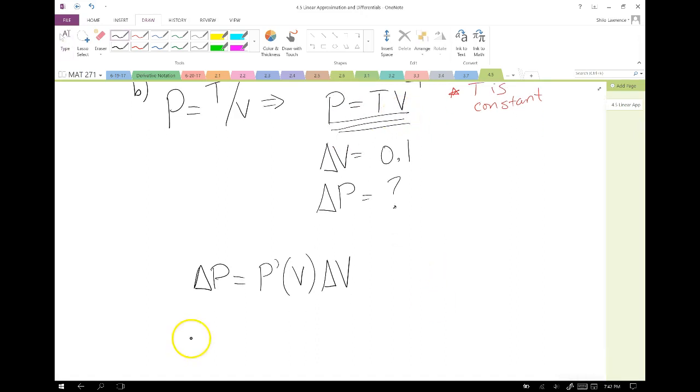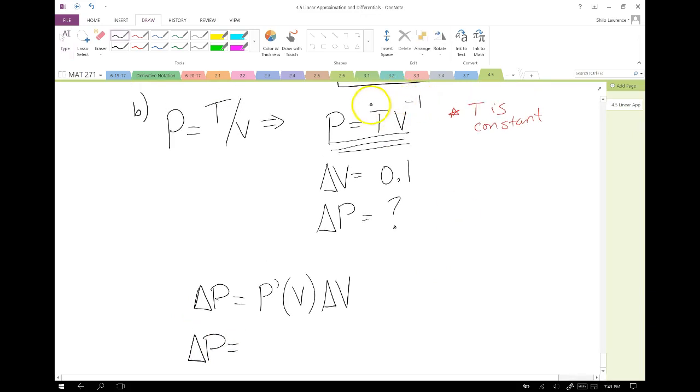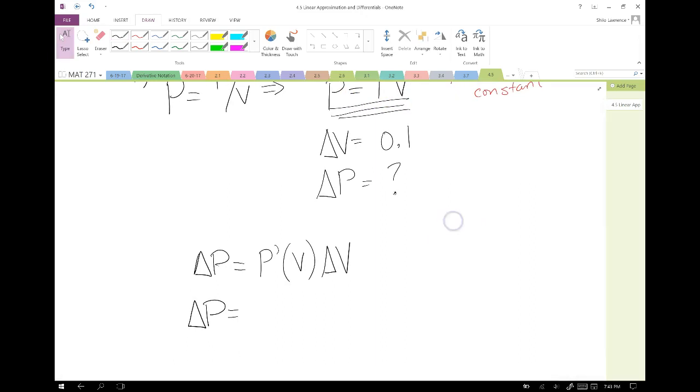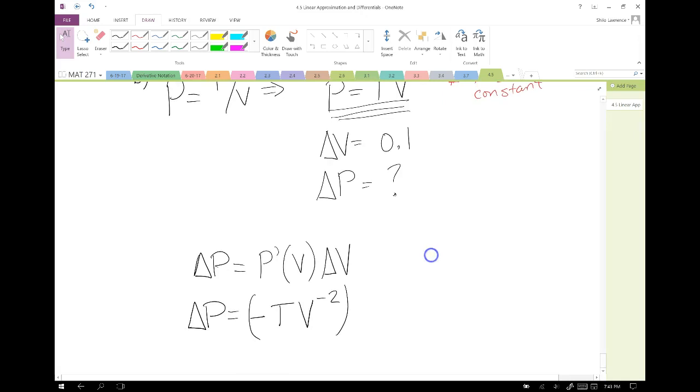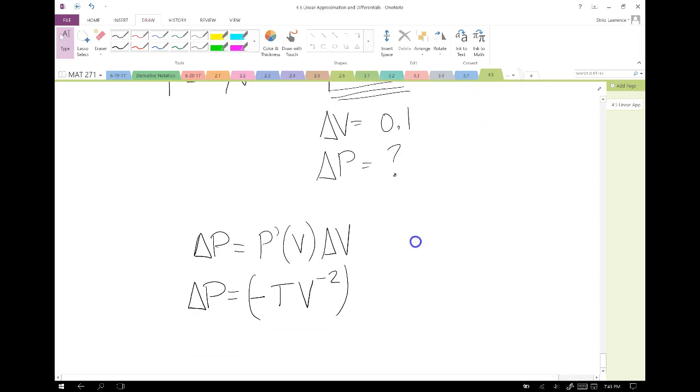So delta P equals negative 1 times T times V to the negative 2. So that is our P prime of V, and then times delta V, which is 0.1.